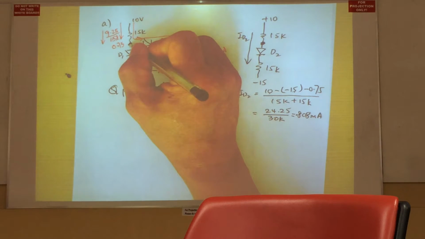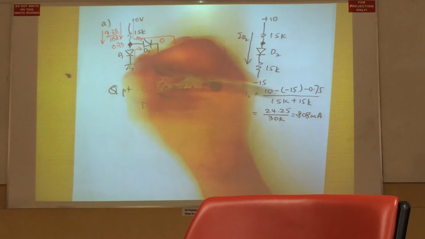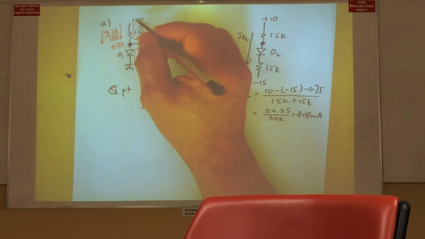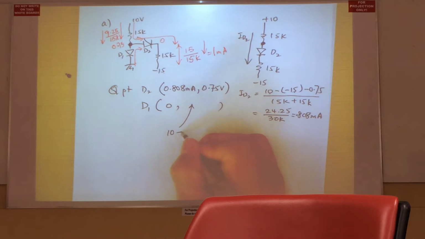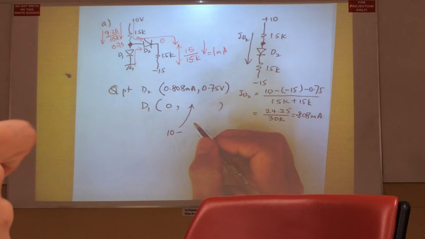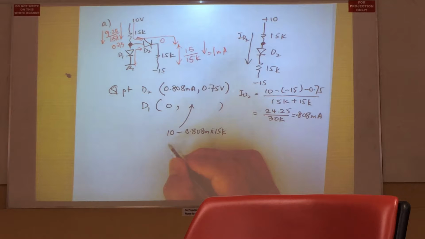And this voltage with respect to ground, because with respect to ground means the voltage across this diode is 10 volt. So this point here is 10 volt minus the voltage drop across the 15K. The current that's flowing through is 0.808 milli multiplied by 15K gives you the voltage across the resistor, and therefore this is your VD1.